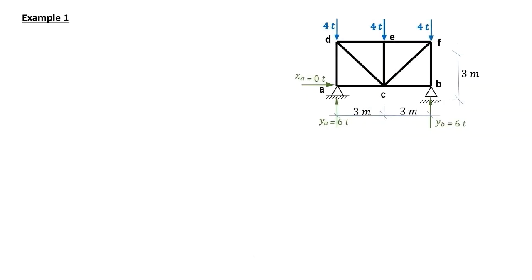Now we are ready to compute the internal forces. First, we use the joint method. All members are assumed to have positive internal forces or tension forces, and therefore all internal forces drawn in red are drawn coming out of the joints.